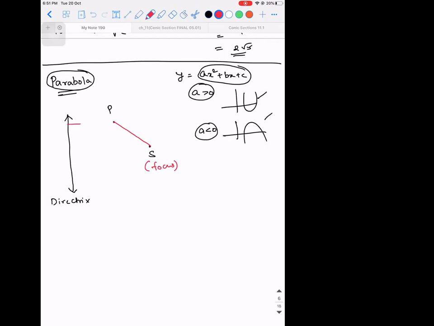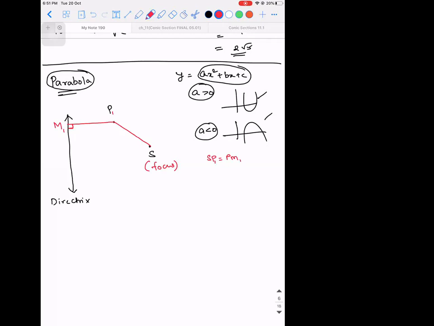And the distance between the point and the line is always what distance? Wherever you see the distance from a point to a line, it is always the perpendicular distance. So SP will be equal to PM. I will call this point P1, and I'll call this foot of the perpendicular M1. So SP1 will be equal to PM1.